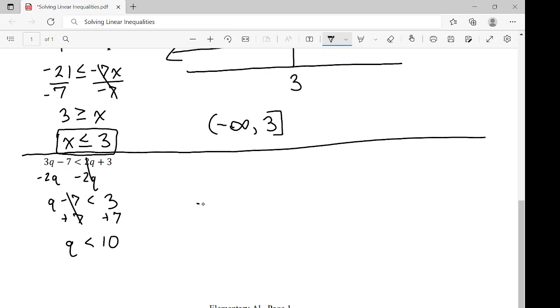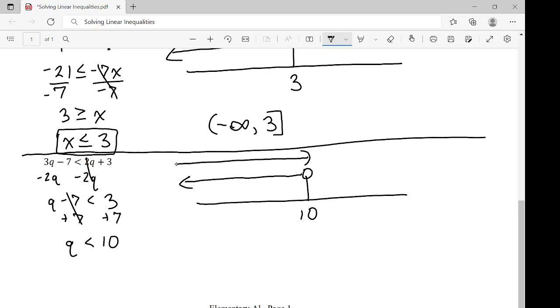So put my graph in, a line with a 10 in the middle. Because it's going to the left forever, it's pointing less than, and it's not equal to, I'm going to put an open circle going left, or a parentheses that's pointing to the left.